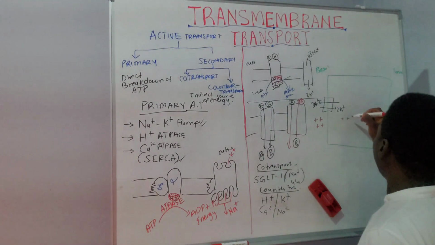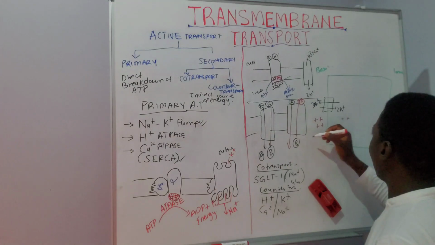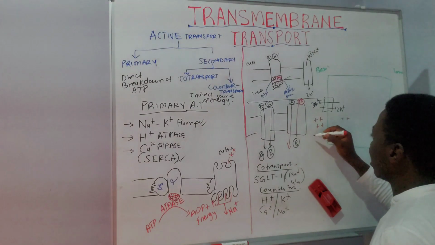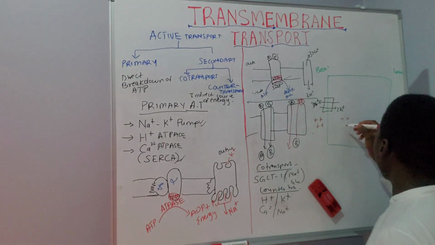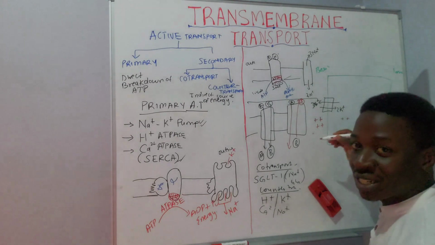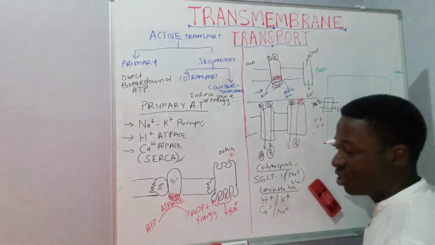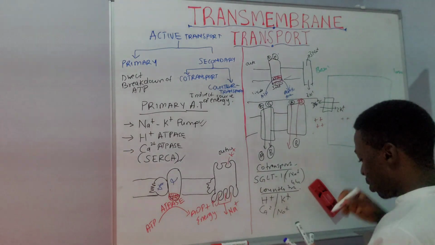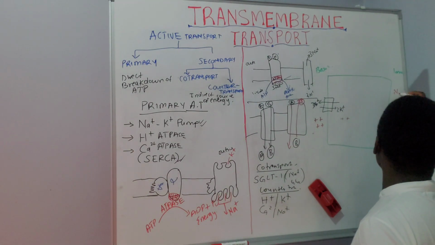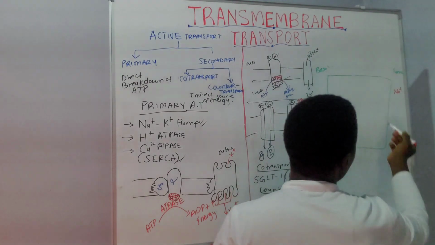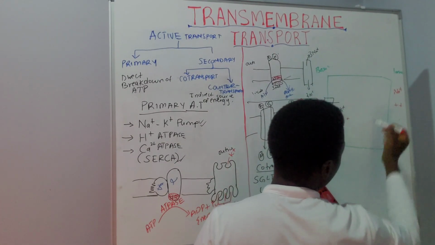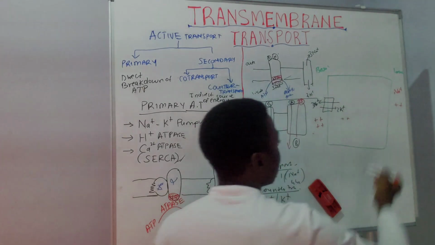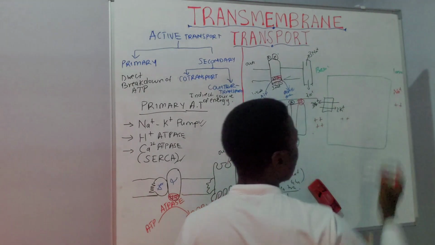So already there is a gradient where we have more sodium outside than within the cell. This gradient creates energy. Because the concentration of sodium here is higher than the concentration of sodium inside the cell, sodium tends to move into the cell.